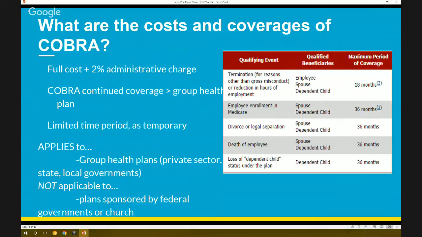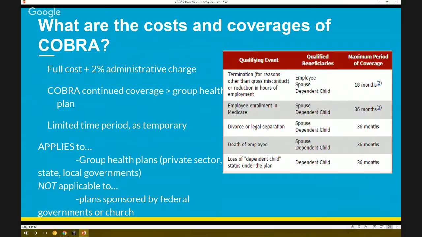This picture on the right side shows some examples of events, for example, termination or reduction in hours of employment. That coverage under COBRA would last an additional 18 months. And then another example, employee enrollment in Medicare, that coverage will last for an additional 36 months.